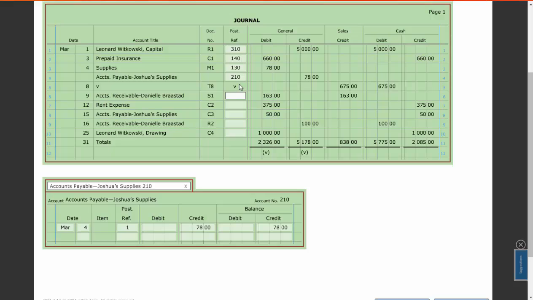When we get to the end of the month, I'm going to go through and post my totals right here because it is better information for my business to know that March's sales were 838 versus in my ledger that I had sales on the 8th and I had sales on the 9th. Would you agree? Business wants to know March 838.